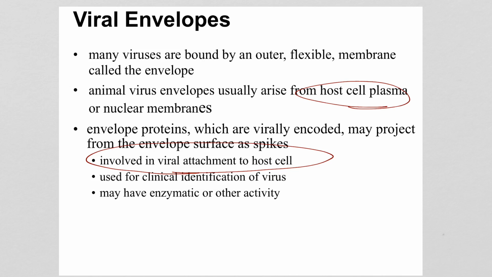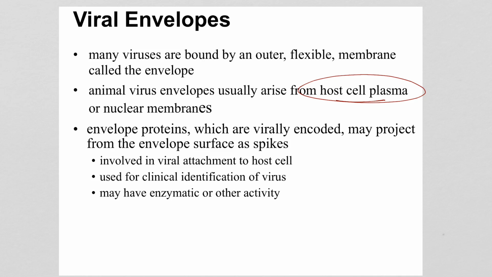The reason for that is they give the virus an advantage. Now, viruses can't make their own envelopes made out of lipids, and obviously viruses don't have a metabolism, and so they can't produce fats on their own. So they essentially steal their envelope from the host cell membrane whenever they leave that host cell.